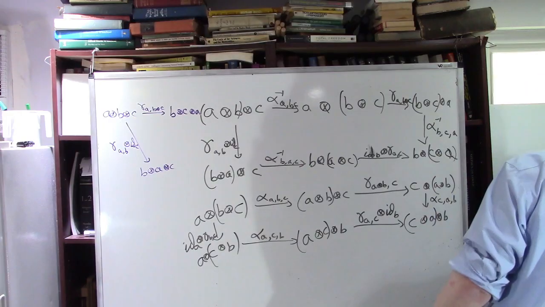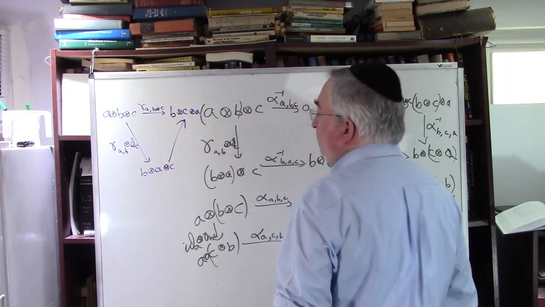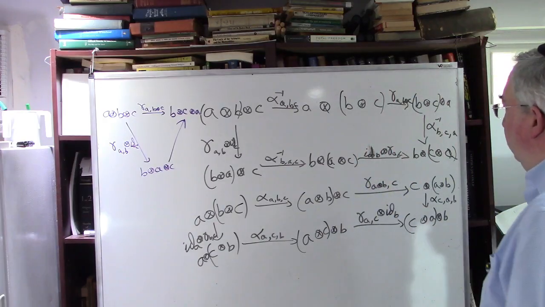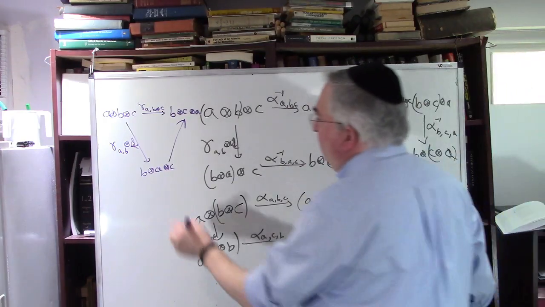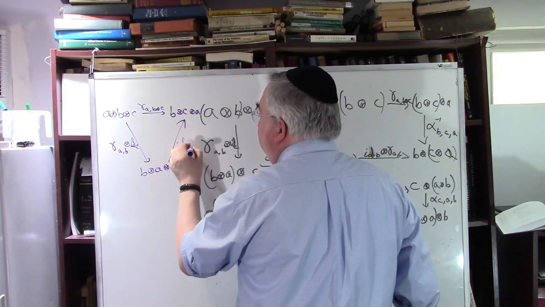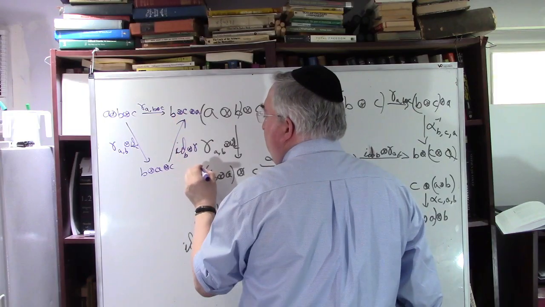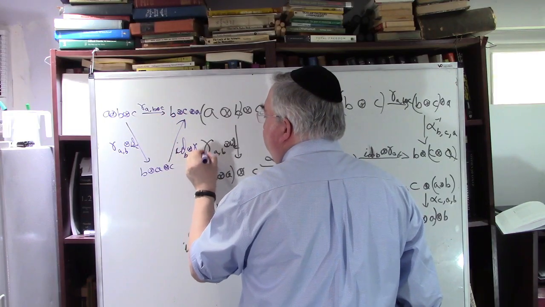This goes up. This goes up. Okay. And what's this? This is identity of B, leave B outside, tensor AC, BC. So this is gamma of A comma C.